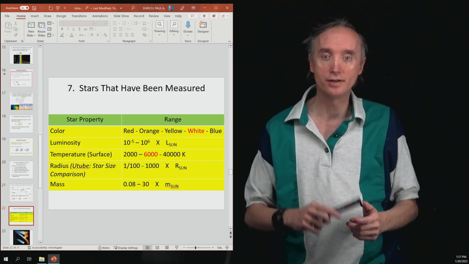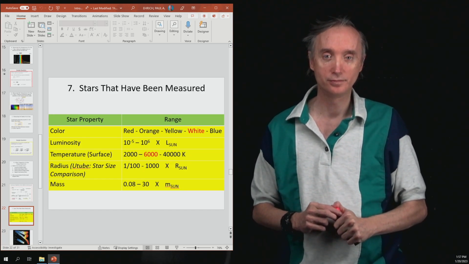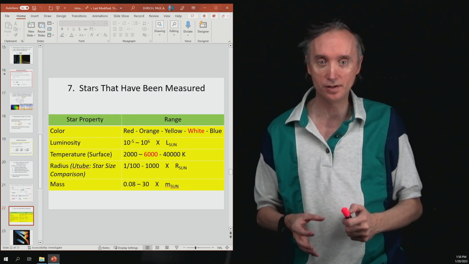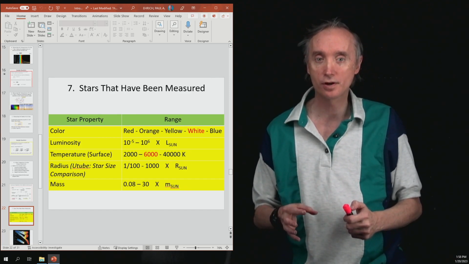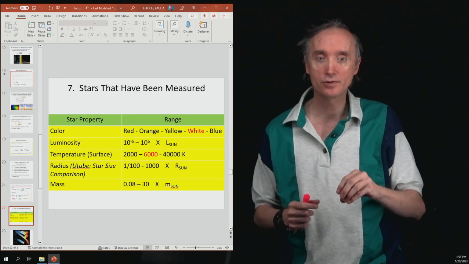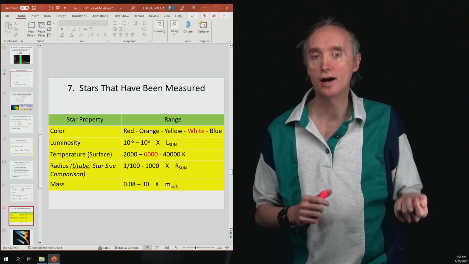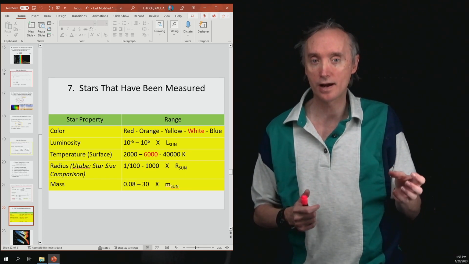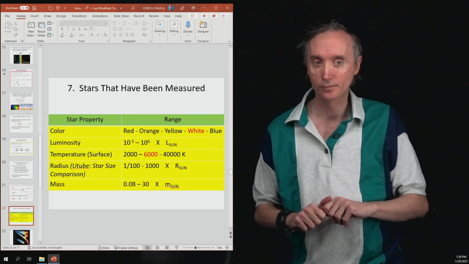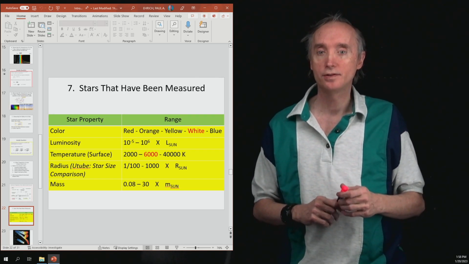Okay, brightness, luminosity. So you can see that some stars are very, very dim, and other stars are very, very bright. And that's in comparison to our sun. So how much brighter are they than our sun, and how much dimmer are they than our sun? Okay, then we've got the temperature.